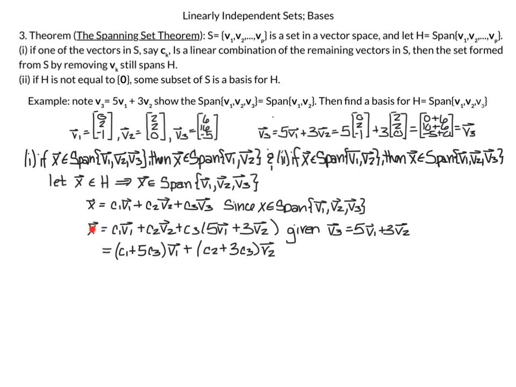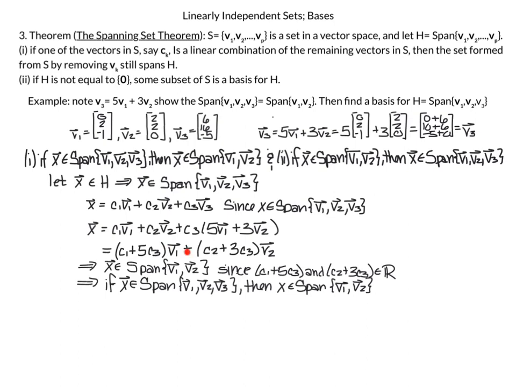So now I can write X as c1v1 plus c2v2, and then plugging in here for v3, c3 times 5v1 plus 3v2. And just doing algebraic manipulations, I'm going to group my v1s together, and I get (c1 plus 5c3) times v1, plus (c2 plus 3c3) times v2.